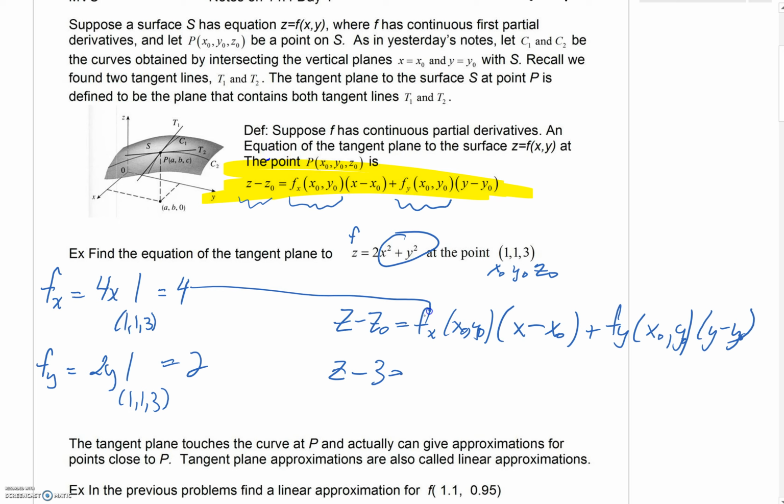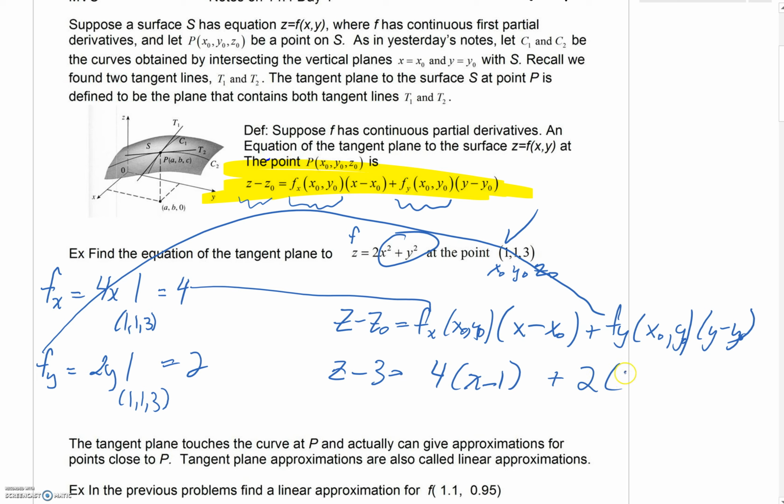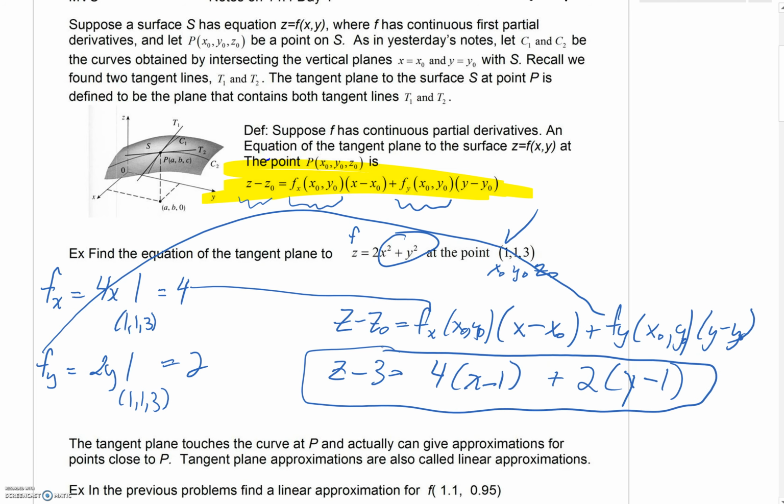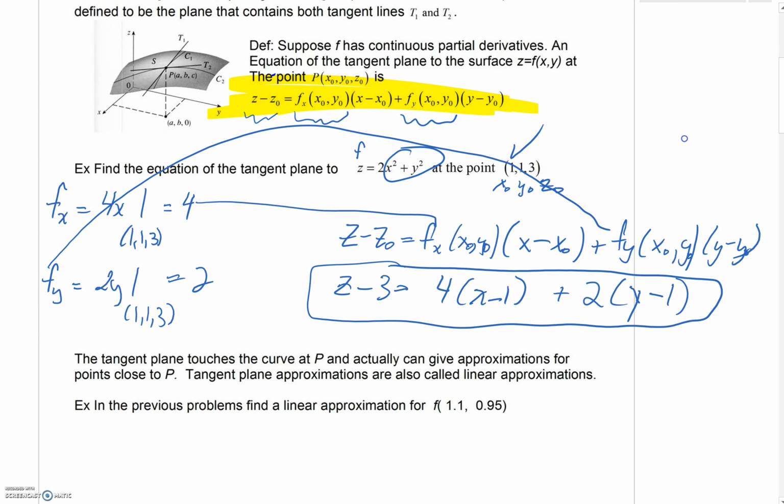Your derivative with respect to x here is just a 4. X naught is just this 1. Your derivative with respect to y is going to be a 2. And we'll have y minus our y naught, which is that. Guys, unbelievably, you are done. That's your equation of your tangent plane.